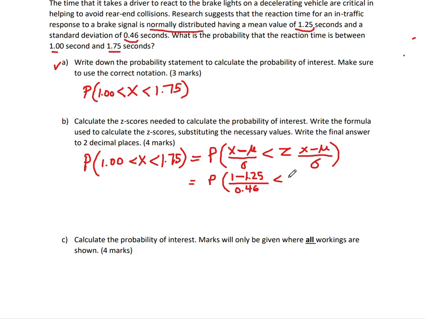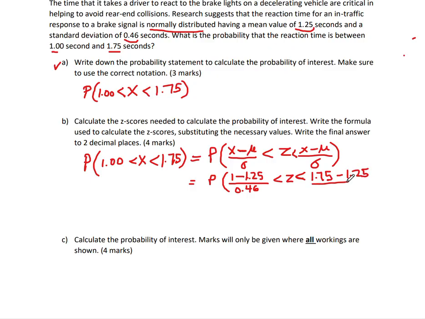This is less than z, which is less than, and then we're going to apply the formula x minus mu all upon sigma for the higher value in the limit, which is 1.75. So we're going to have there 1.75 minus the same mu value of 1.25.